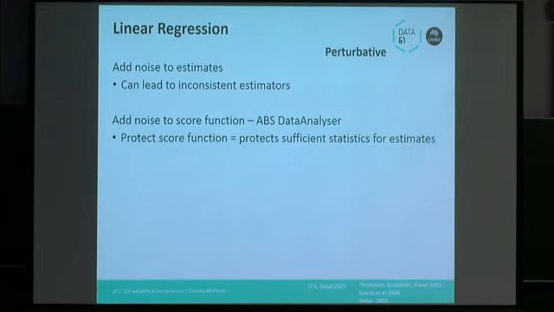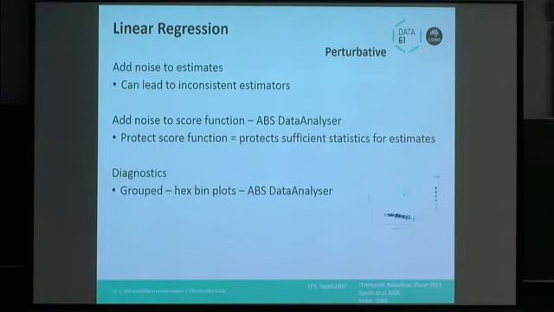So more recently, looking at adding noise to the score function, and we saw an example of that yesterday. But this is also I think a good way to go, particularly for linear regression. If you're protecting the score function, you're protecting the sufficient statistics for the estimates anyway, so why would you protect the estimates themselves? For diagnostics, the idea with diagnostics is not to release the individual values.